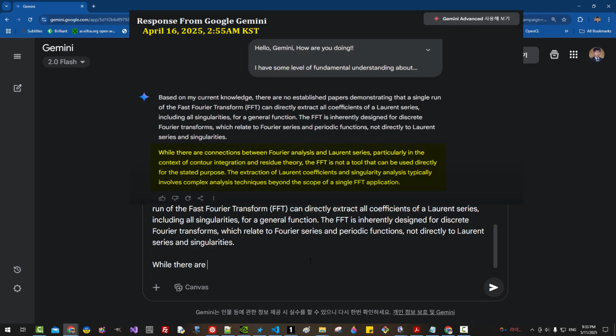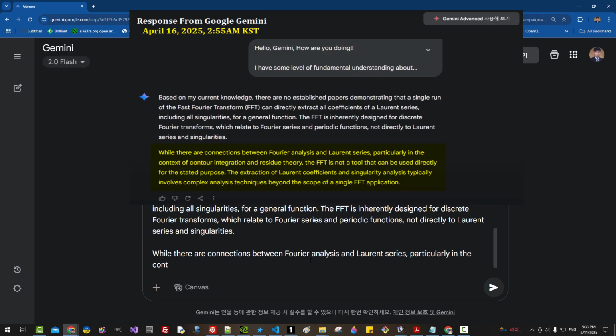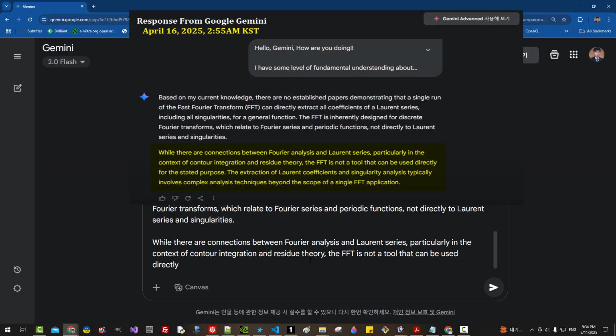While there are connections between Fourier analysis and Laurent series, particularly in the context of contour integration and residue theory, the FFT is not a tool that can be used directly for the stated purpose.